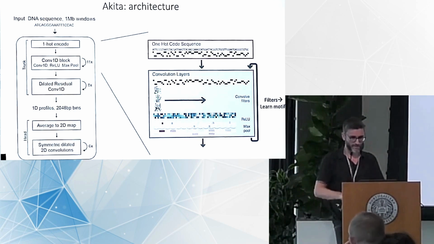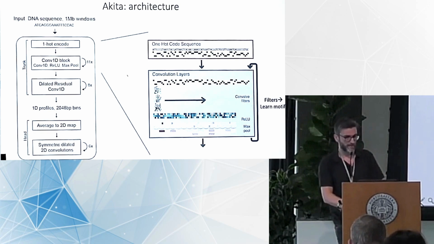So again, we'll talk about the architecture first in the first part of the tutorial, and then we will come back for some more slides, and then we'll go to training in the next part. Just to quickly preview, I like to think about this architecture in terms of a trunk and a head.